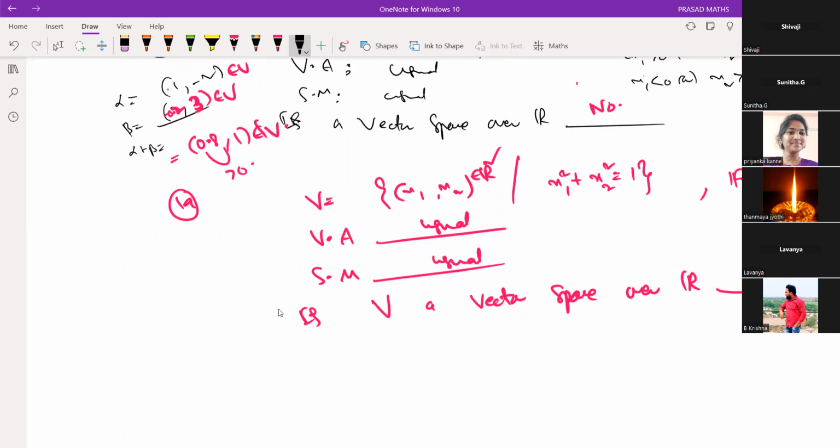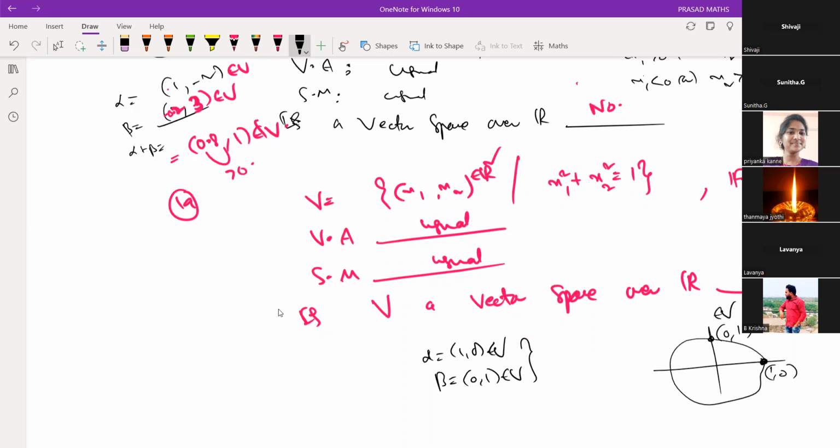No. Why? Because they gave the condition x1 square plus x2 square equals 1. Take x1 equal to 1, x2 equal to 0, and x2 equal to 1, x1 equal to 0; both are elements in V. Now alpha equals (1, 0), it is an element in V. Beta equals (0, 1), it is an element in V.